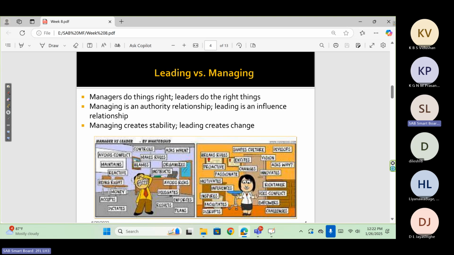Managing is a position. Managers, based on the position, should be able to play successful leadership. Therefore, both should be expected from managers. Without leadership behaviors like these, managers cannot be successful managers. Then you have to identify some joint words from the 2 sides, a couple of joint words.